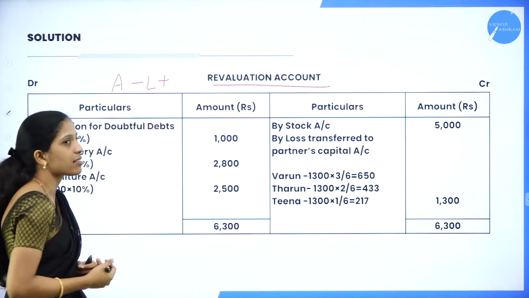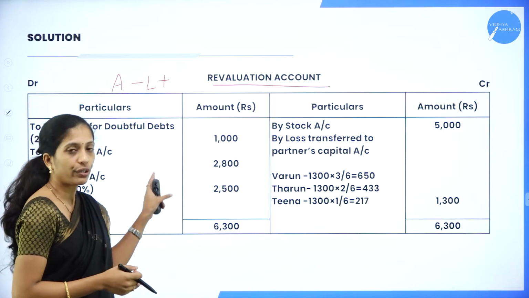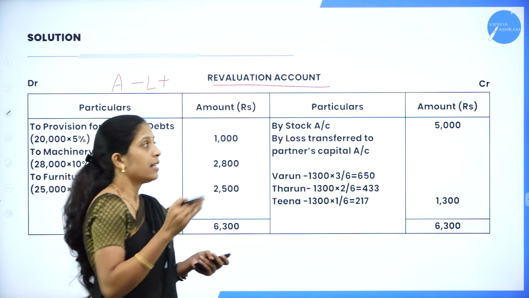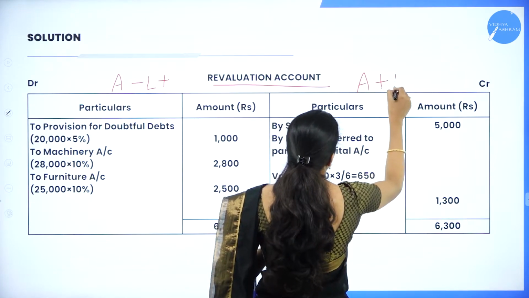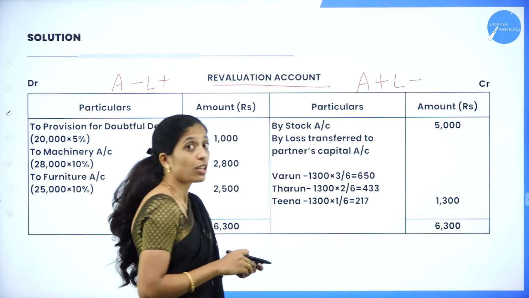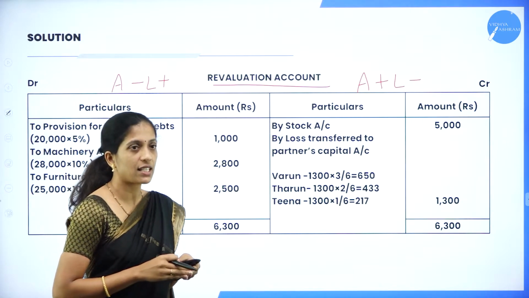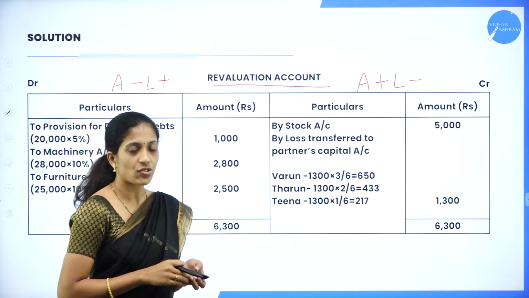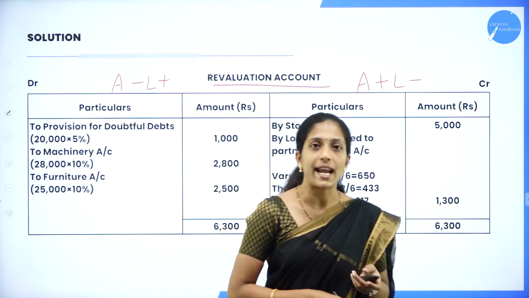So if any asset's value has decreased and a liability's value has increased, you are going to record it in the debit side. Now coming to the credit side, here you are going to record A plus, L minus. So if any asset's value has increased and a liability's value has decreased, you are going to record it in the credit side. In order to prepare a revaluation account, we have to go through the adjustments.